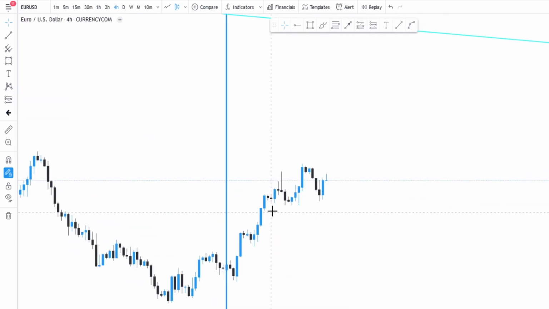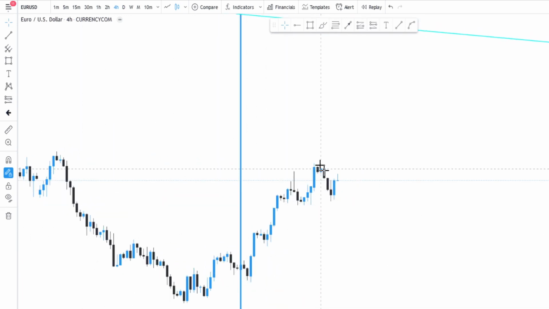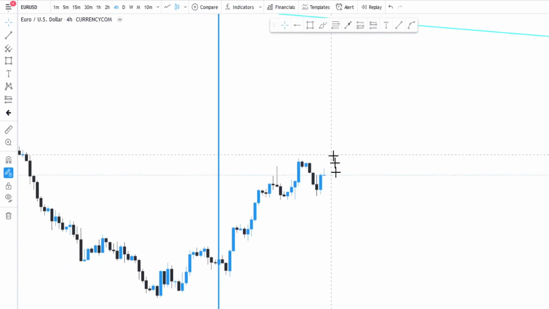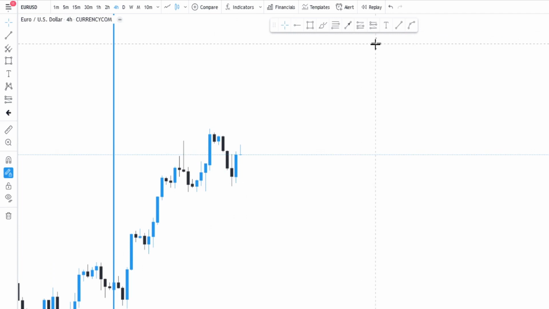Yes, it's going up here. The structure is made at the 4 hour time frame. Up, exhaust, up, exhaust, up, exhaust, and here we got a bullish engulfing.